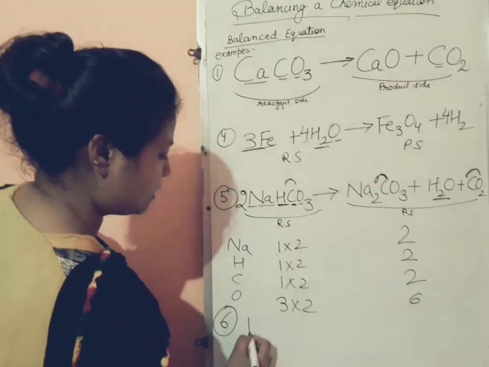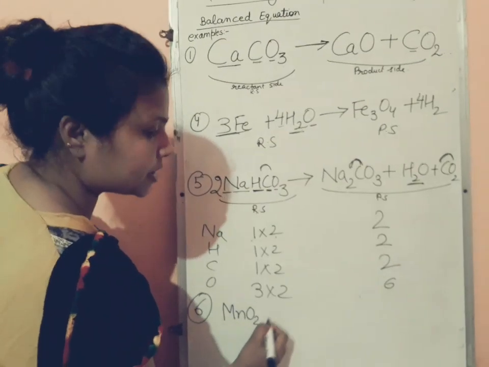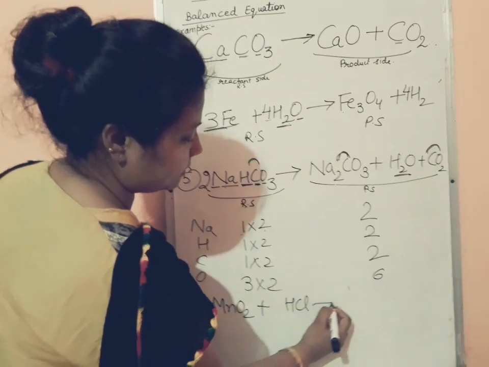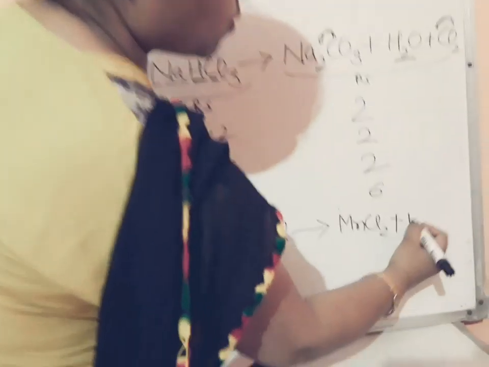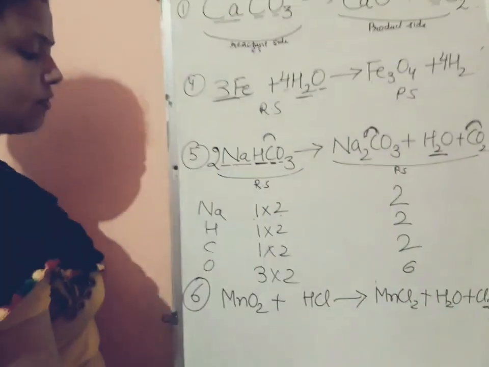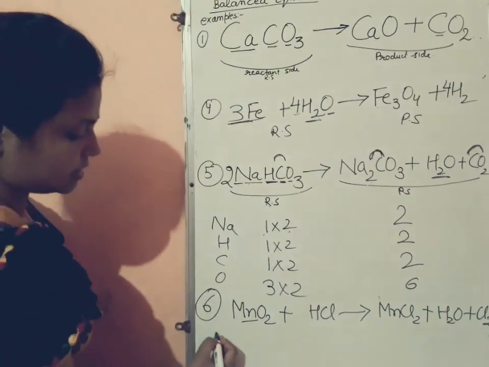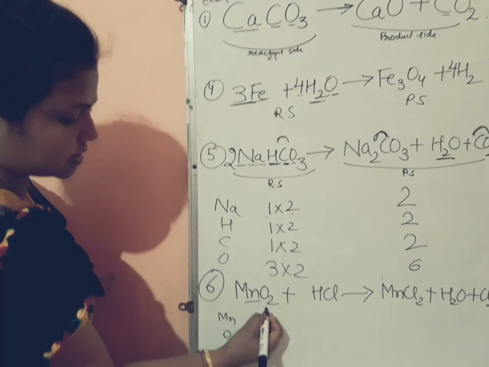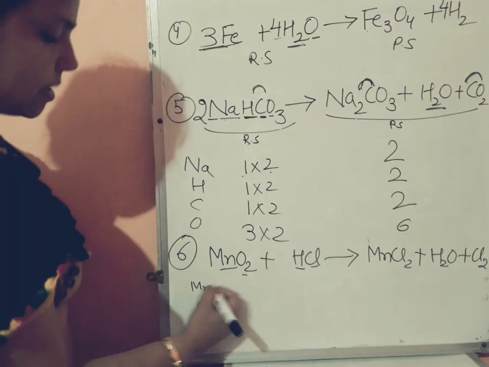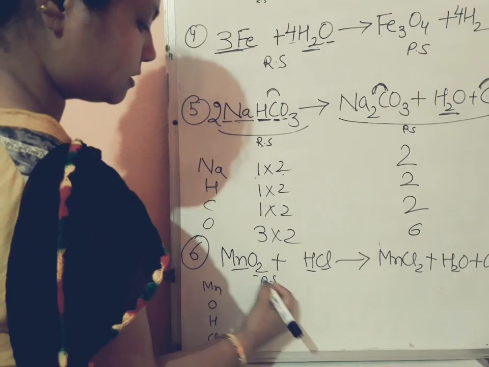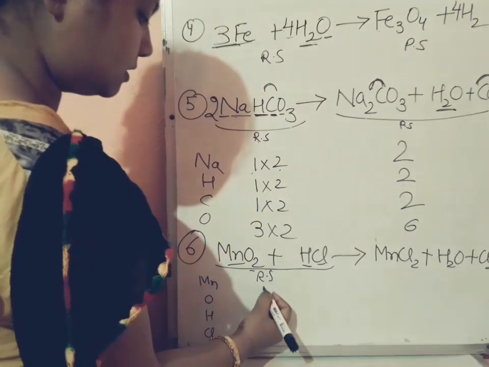Next example, manganese dioxide plus HCl gives MnCl2 manganese chloride plus water plus Cl2. Now how will we balance it? Manganese, oxygen, hydrogen and chlorine. How many manganese on the reactant side? 1.